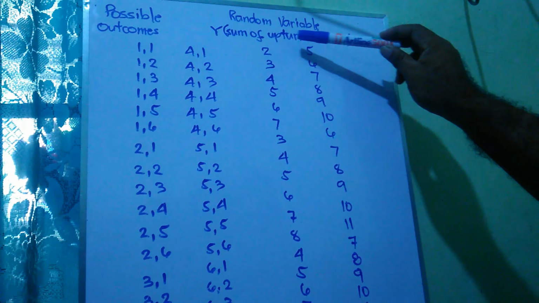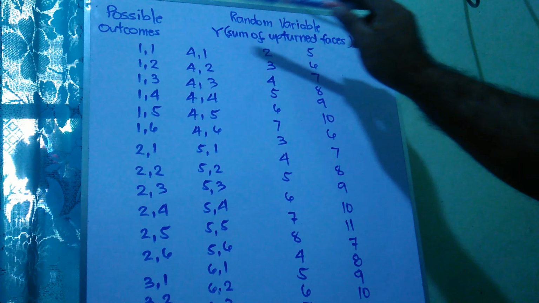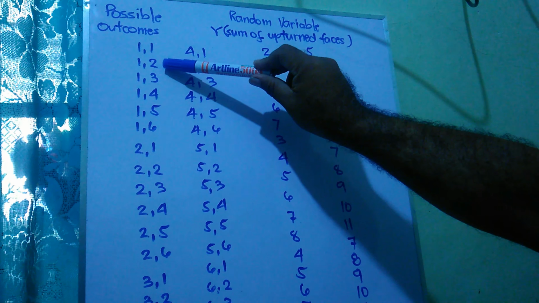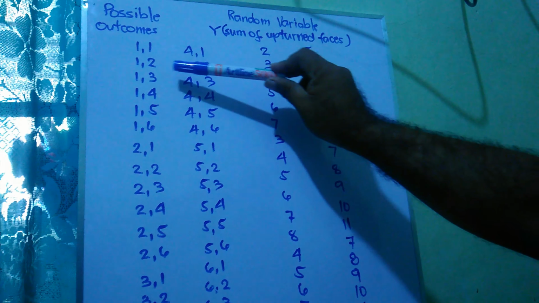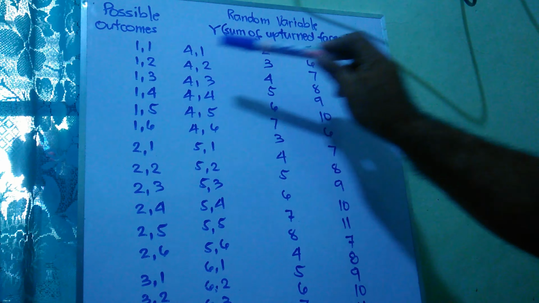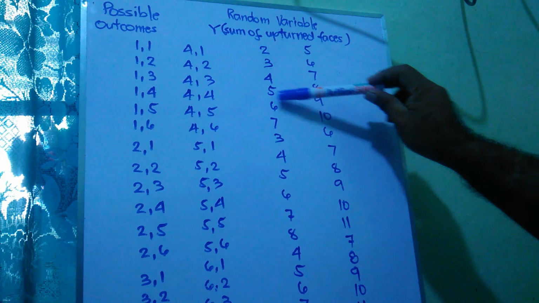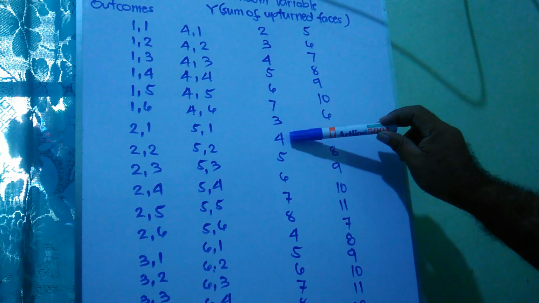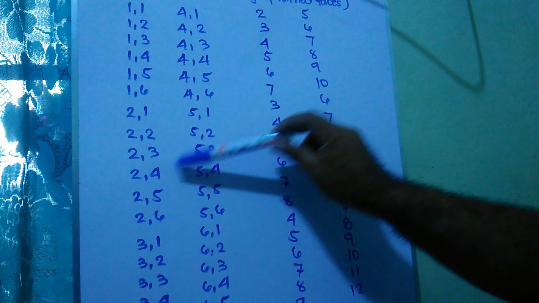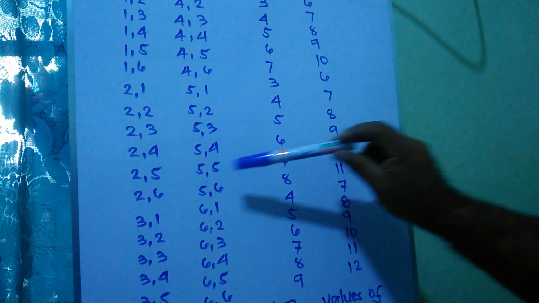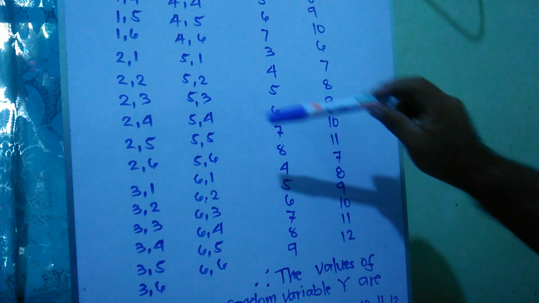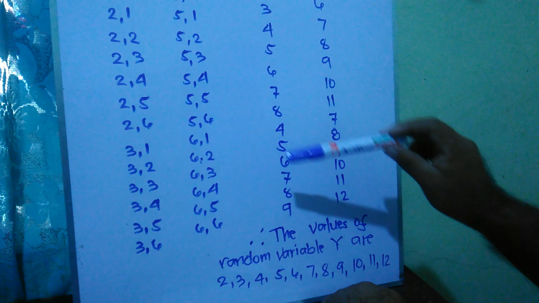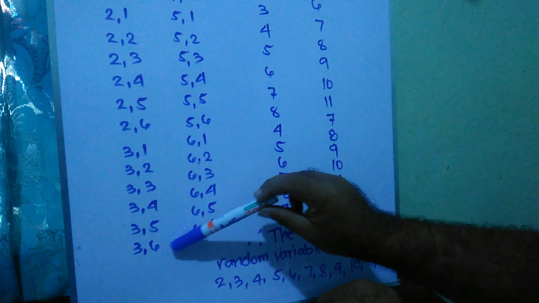Then 1 and 2 is 3, 1 and 3 is 4, 1 and 4 is 5, 1 and 5 is 6, 1 and 6 is 7. 2 and 1 is 3, 2 and 2 is 4, 2 and 3 is 5, 2 and 4 is 6, 2 and 5 is 7, 2 and 6 is 8. 3 and 1 is 4, 3 and 2 is 5, 3 and 3 is 6, 3 and 4 is 7, 3 and 5 is 8, 3 and 6 is 9.